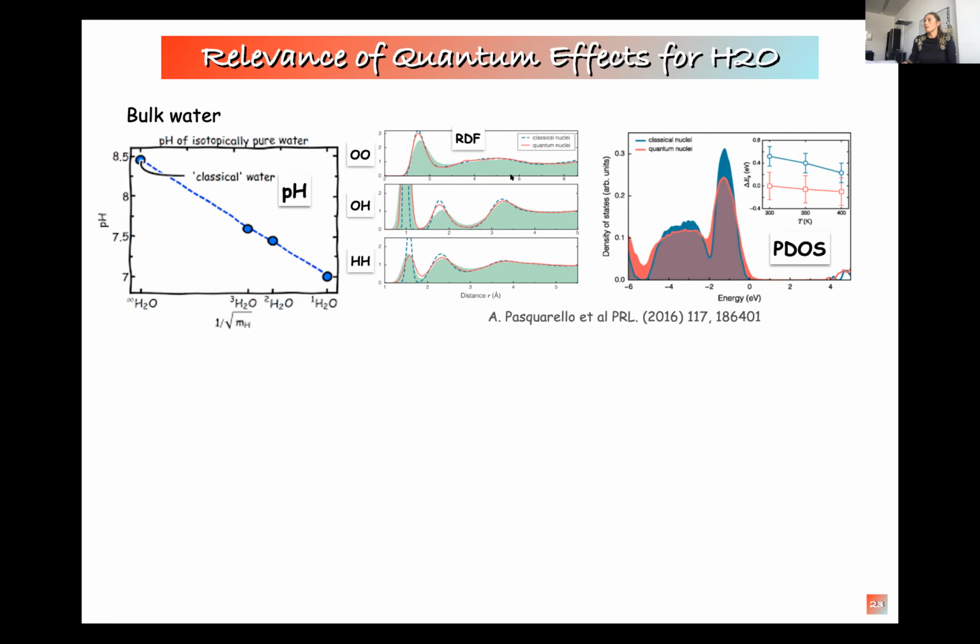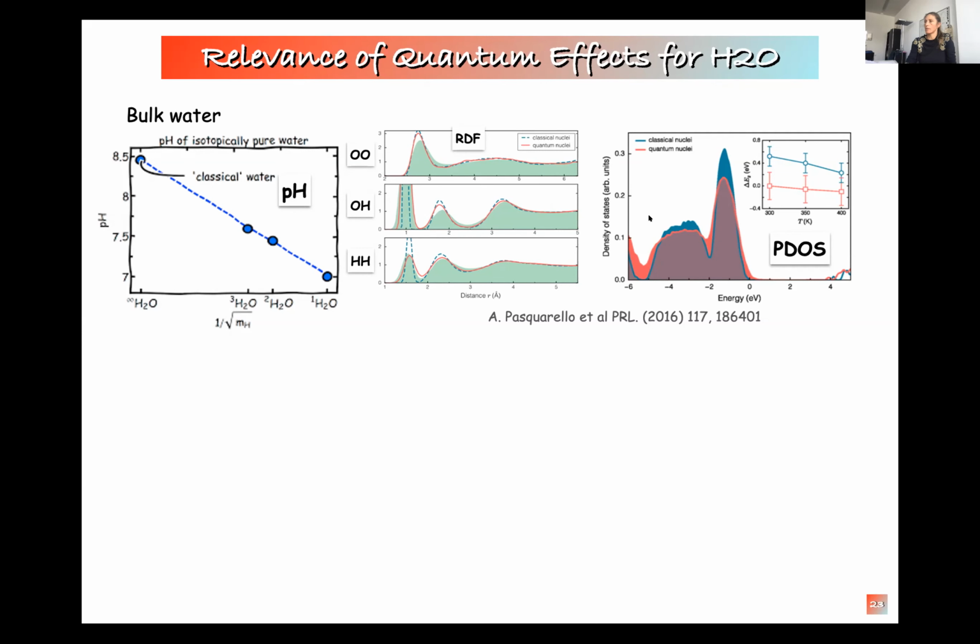So the aspects that have been considered are many. How the radial distribution function changes, which is the effect on the gap and on the electronic density distribution once you include nuclear quantum effects in your simulation.